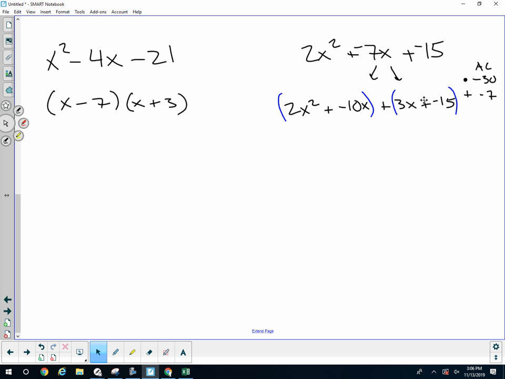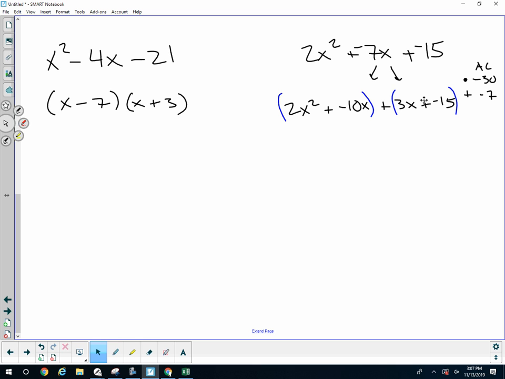If that happens, we've done this correctly, and we can do the last step of the final factoring. This is why this is the harder one, and the other one's the easier.